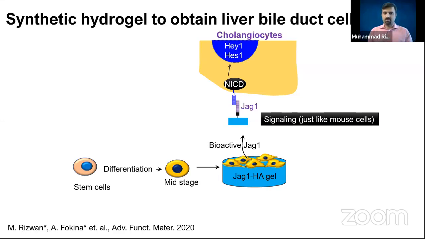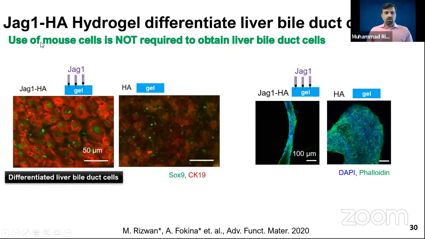So how did this work? We noticed that when we culture these mid-stage liver cells on these engineered hydrogels, which provide the same signaling that mouse cells were providing, we can make beautiful bile duct cells compared to the HA hydrogel, for example, in which you don't see those markers.